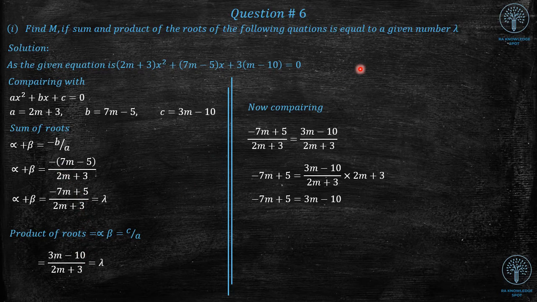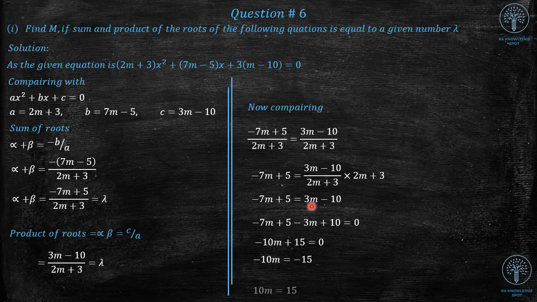Now after equating them, this is 2m plus 3, it is going to be divided here, and over there it will be multiplying. Both the terms will be cancelled out.